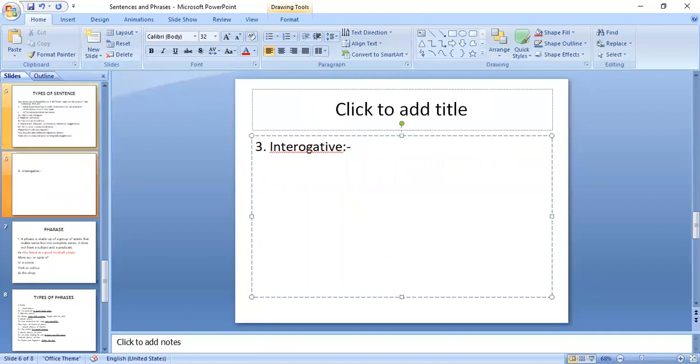An interrogative sentence asks a question and is formed by putting the auxiliary verb before the noun or by beginning the sentence with the WH word and ending it with a question mark. The interrogative sentence will complete with a question mark.